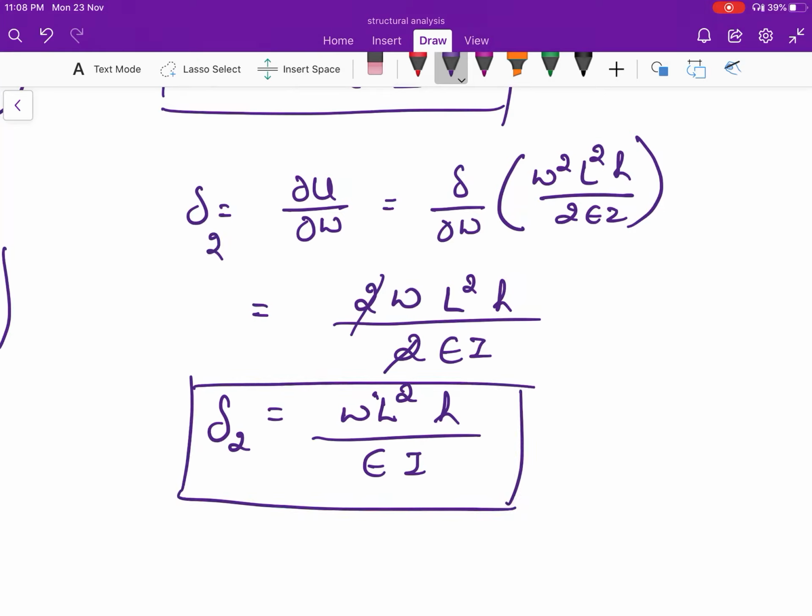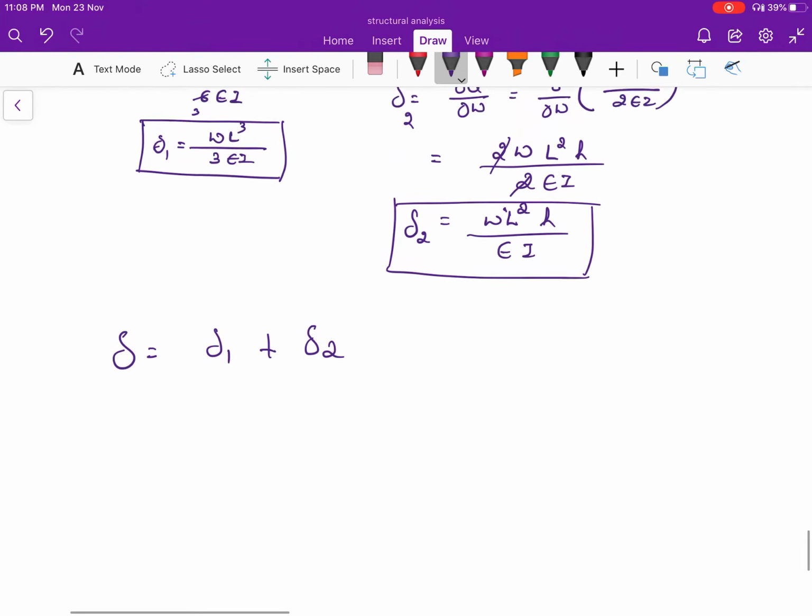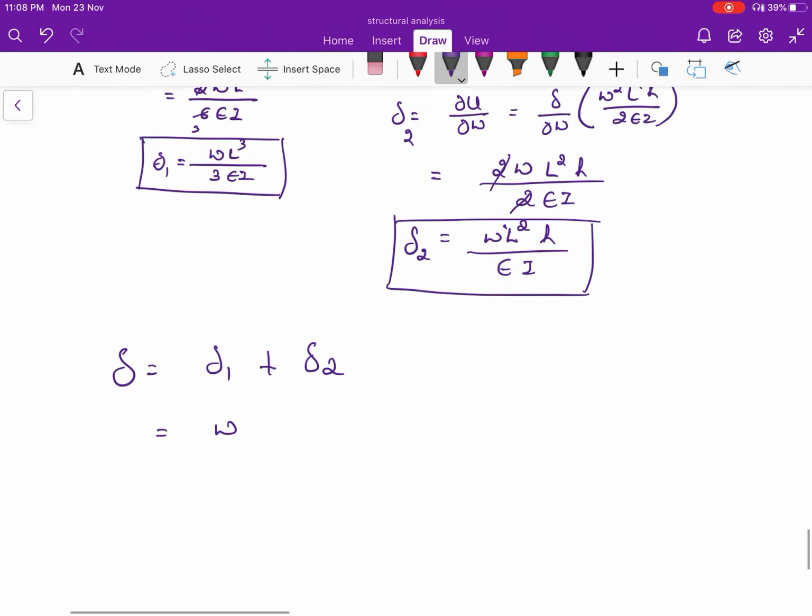So what is the deflection caused at point C? It will be delta is equal to delta 1 plus delta 2. What is the value of delta 1? W L cube divided by 3EI, plus what is the value of delta 2?